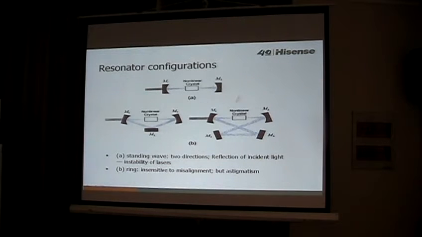So in most applications, we use ring configurations. For the ring configuration, we can see the light will always propagate along one direction. So it's much easier to get output with light laser beams. And also, from the light propagation point of view, this ring resonator is more tolerant, more accommodating, and not sensitive to mismatch.